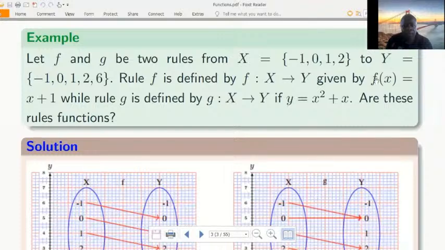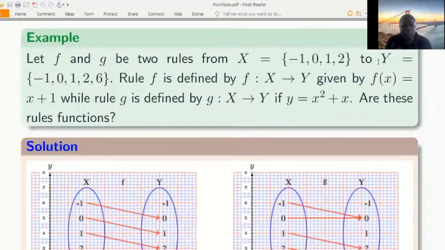So let's look at this other example. The example says, let F and G be 2 rules from set X, which has elements -1, 0, 1, and 2, to set Y, which has elements -1, 0, 1, 2, and 6.